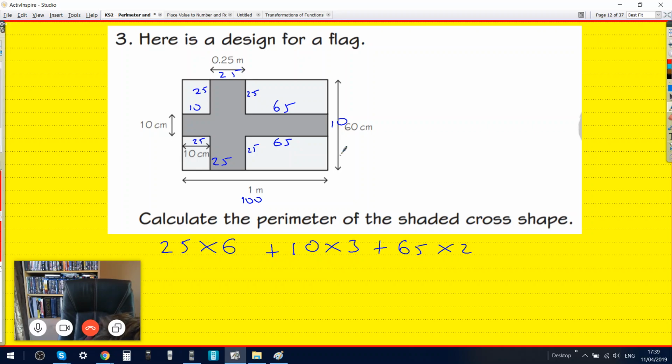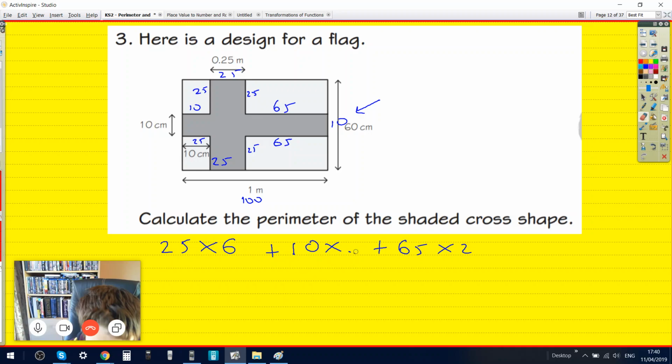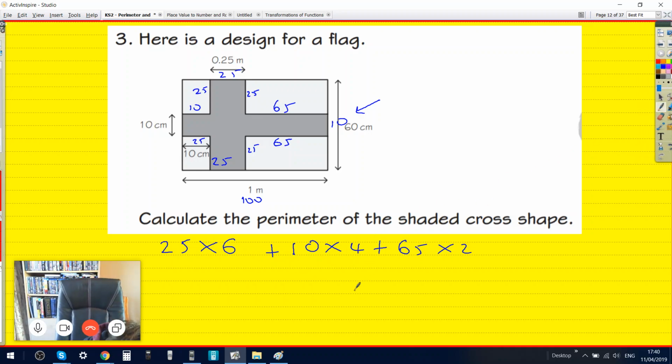Hang on, there's 4 10s. We forgot the one on the very right. Oh yeah, of course. Yeah, 12 sides in total.